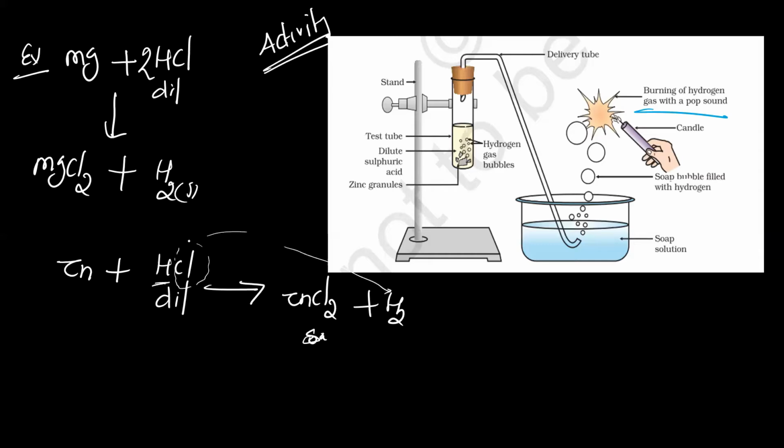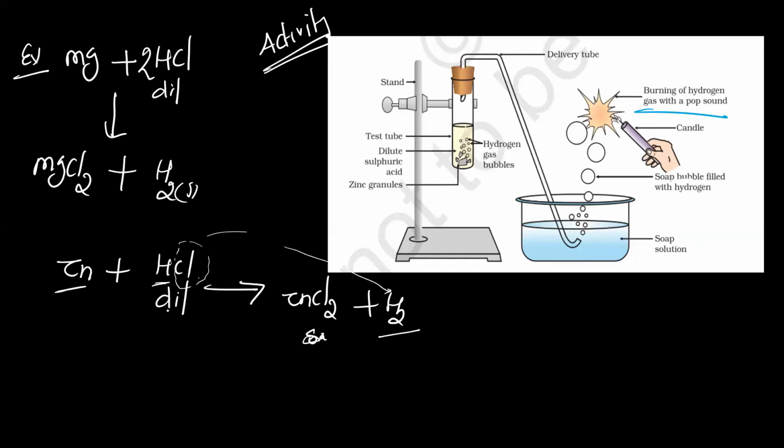The remaining part of the acid will combine with the metal and produce the salt. So whenever you need to write the salt formula, just take the acid, take a metal. From the acid, the hydrogen will be evolved as hydrogen gas. The remaining part of the acid just combines with the metal, and you will get the salt formula.